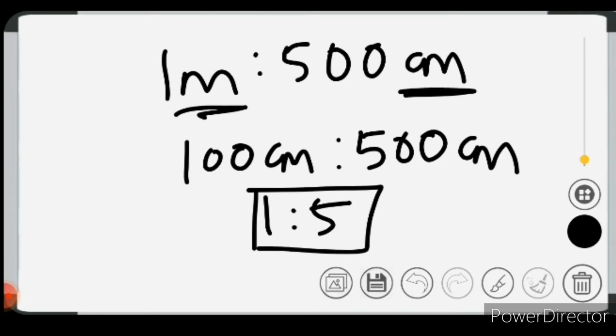Now we will see about sharing in a ratio. If they specify some ratio and you have to share this among a particular number of students or number of people, how are we going to solve this sum? Okay, so we will take one example, students. That will be very interesting to do.